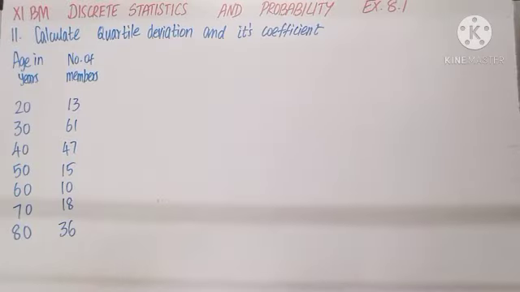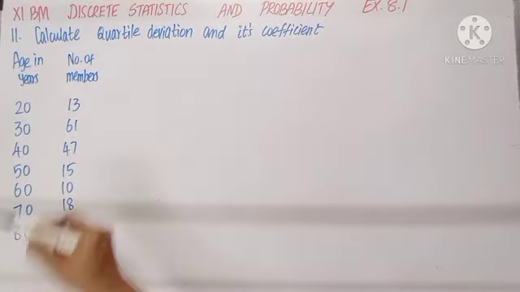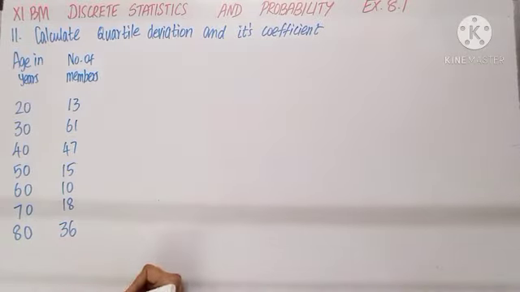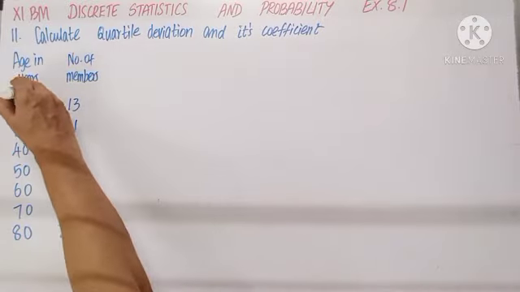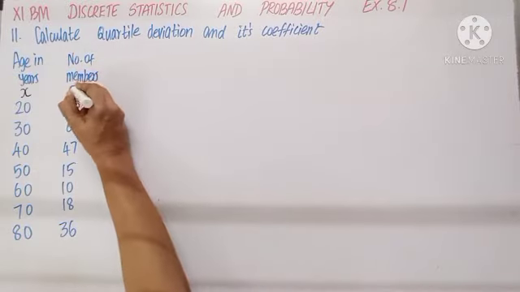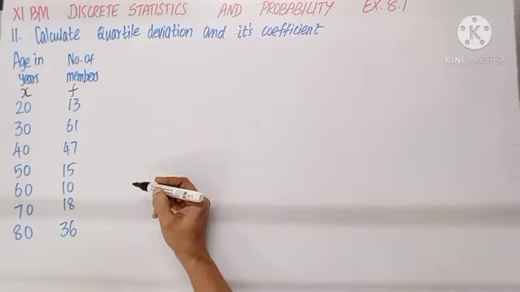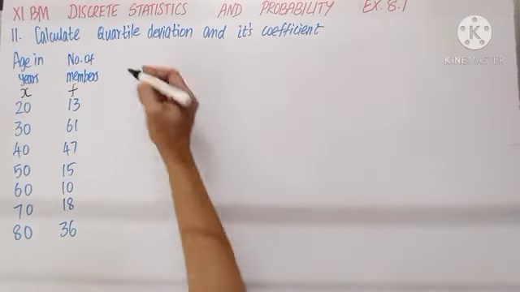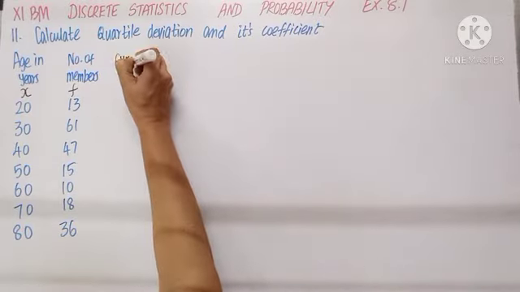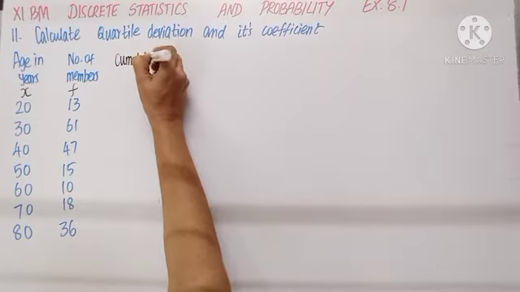Exercise 8.1, question number 11: calculate the quartile deviation and its coefficient. Given are age in years and number of members. Let us call age X and number of members F, the frequency. Calculate something called cumulative frequency.